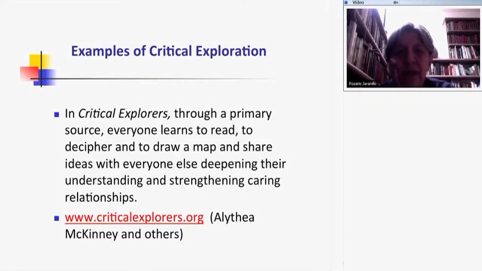The wonderful thing of what the teachers did with that primary resource was that they put all the students, who were, believe it or not, fifth grade students, reading this primary source.